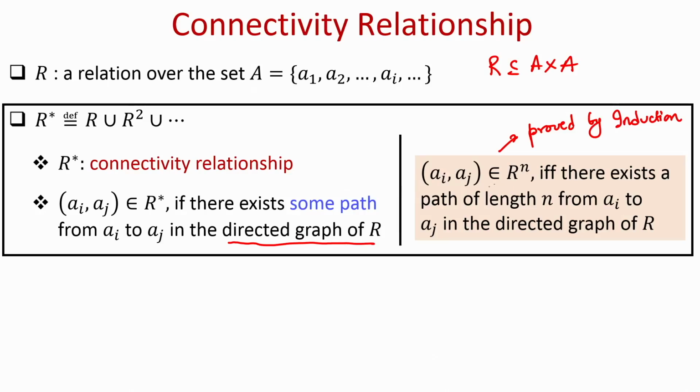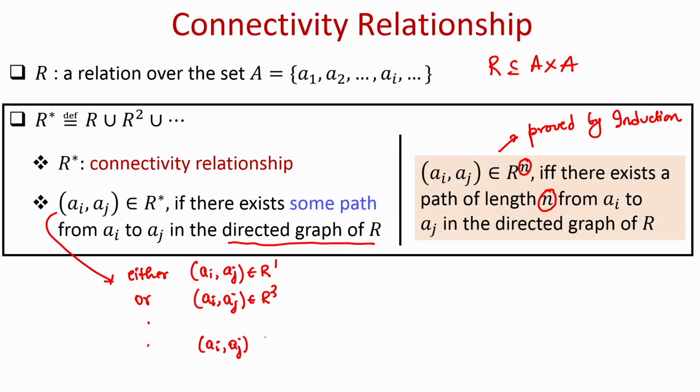The statement states that if you have element a_i related to element a_j in the nth power of your relation R, then that is possible only if you have a path of length n from the node a_i to the node a_j in the directed graph of your relation R. Now, if I say that (a_i, a_j) is present in R star, then it means that either it is present in R power 1, or it is present in R power 2, and in the same way it will be present in some power of R. I do not know which power, but since it is present in R star, and the definition of R star is that it is a union of all powers of R, it is present in one of these powers of R, say the ith power.